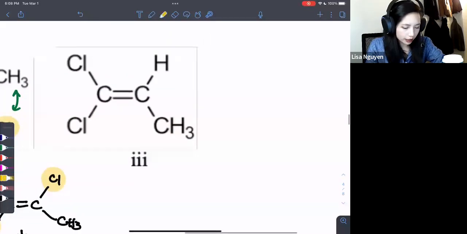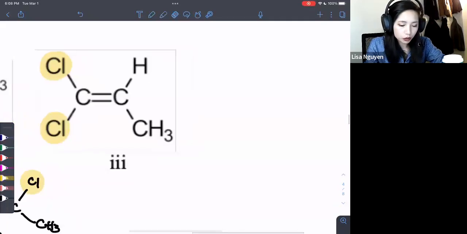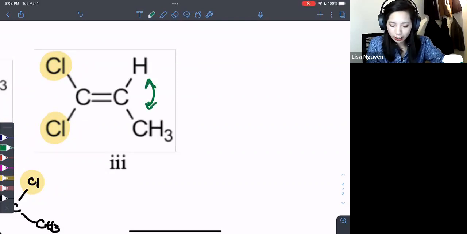So I'm going to highlight these 2 chlorines here and do the same exact thing and try to see if I can make a cis or trans isomer. So I'll just flip these 2 substituents around the other carbon atom. Note here, I'm not switching these 2 groups, because then I would be changing the connectivity of the actual molecule.